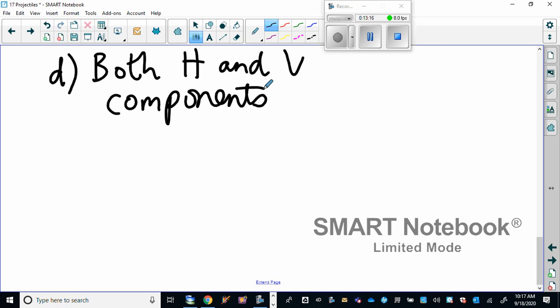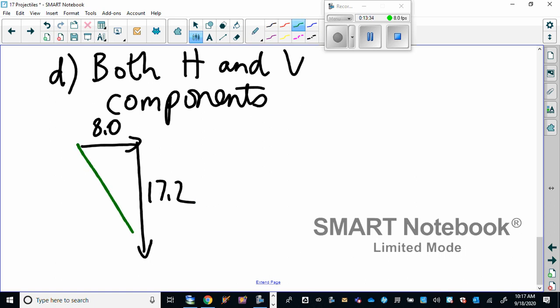So once you realize that, it's not too difficult because you know that its horizontal component is 8.0. We just calculated its vertical component, 17.2, and what is the total velocity? Right there. The resultant vector. Here are vectors again.